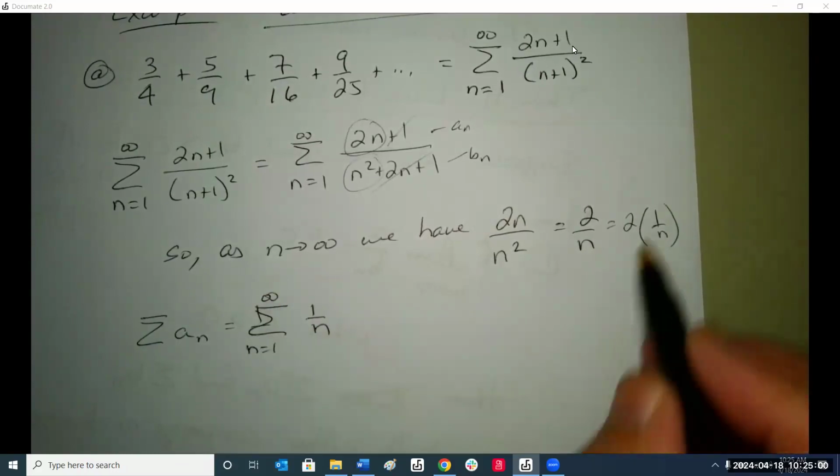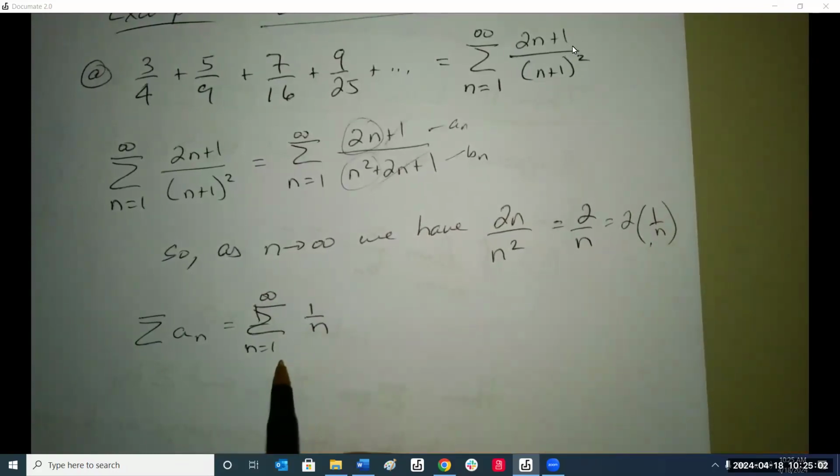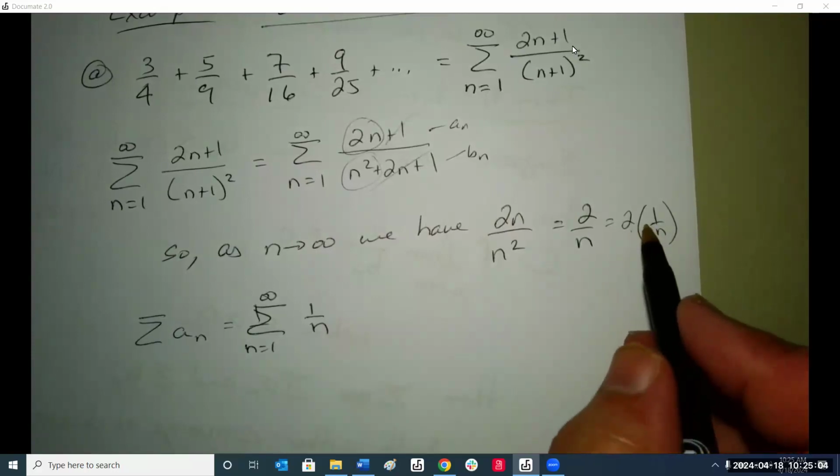So we look at this comparison. This is a constant multiple, it doesn't matter.